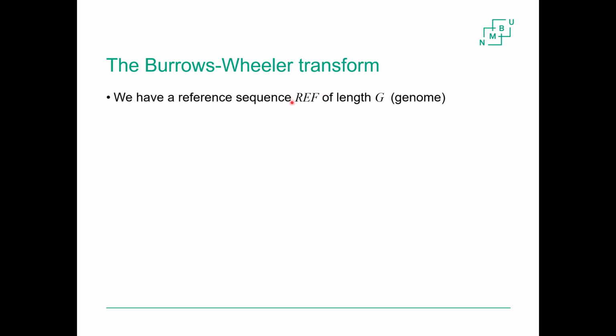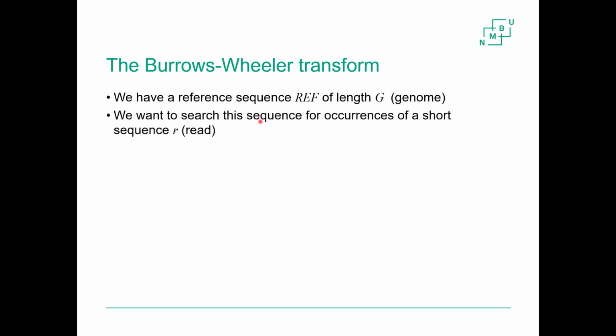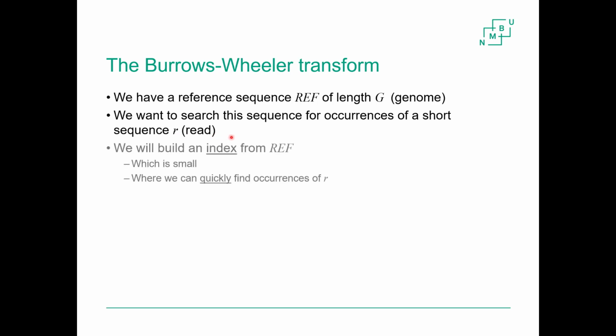We now have a reference sequence, I call it ref, of length G, and think of it as the genome. We want to search through the sequence for occurrences of a short sequence R, that's our read. So we want to see, do we find the read here, and ultimately where does it match, if it matches? But first of all, does this read match in this sequence or not, and perhaps whether it matches once or many times.